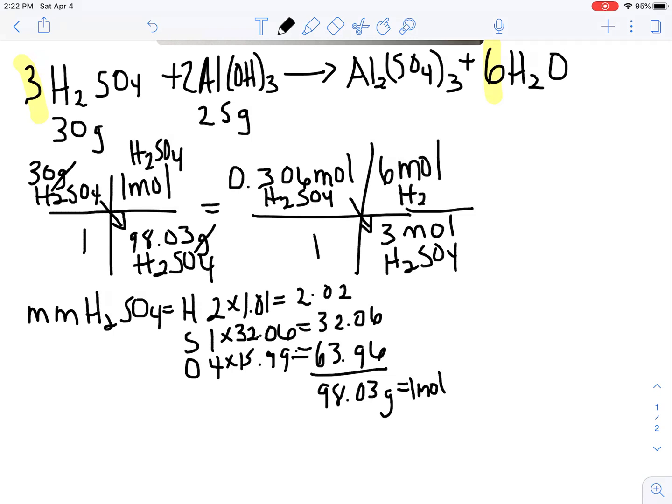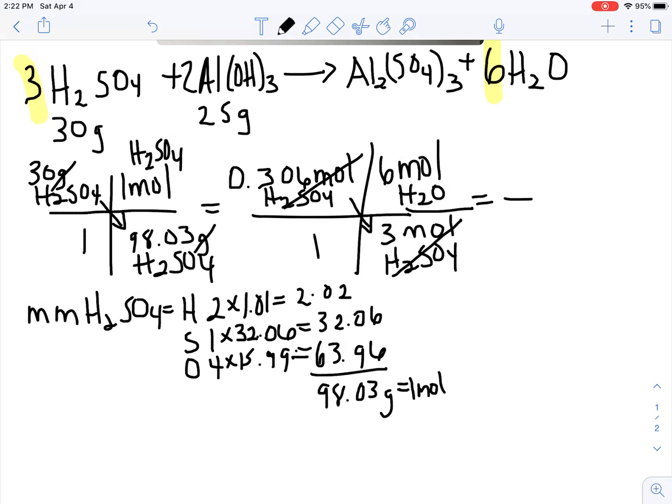Moles of water is here, and now H2SO4 and moles are gone. So what's left is 0.306 times 6 and then divided by 3.